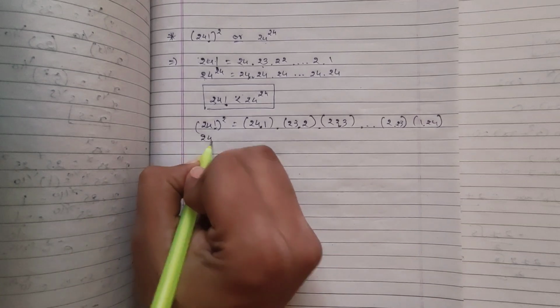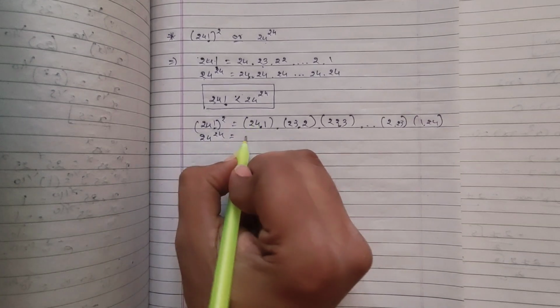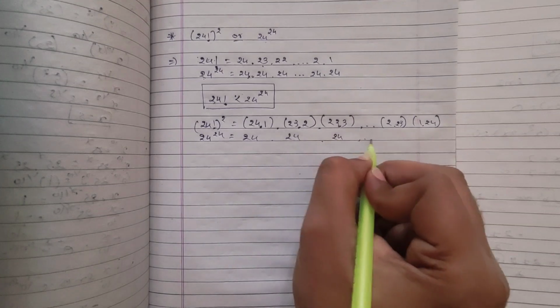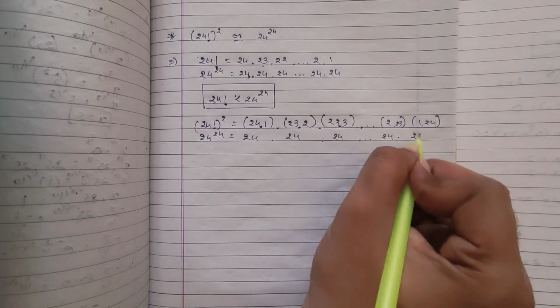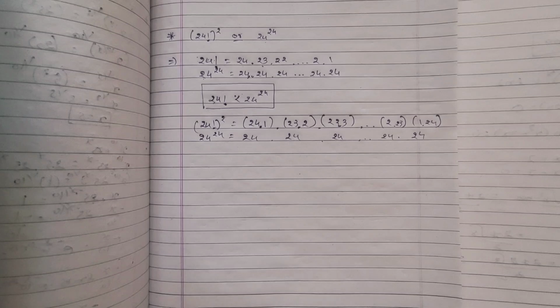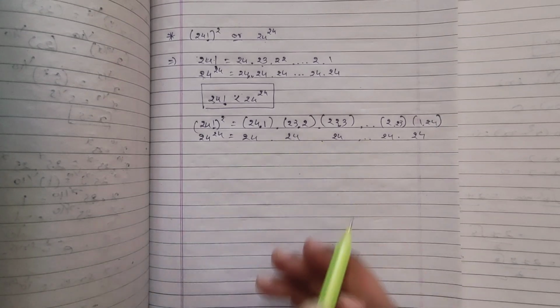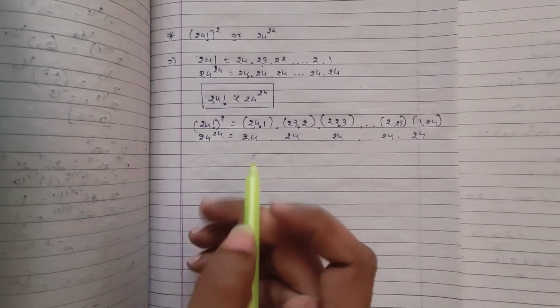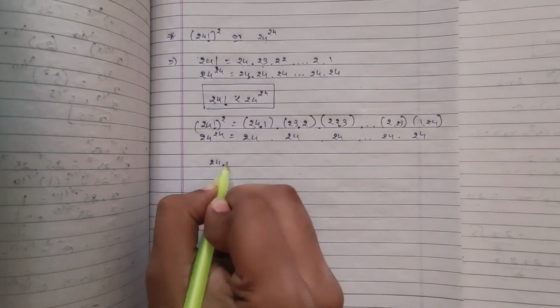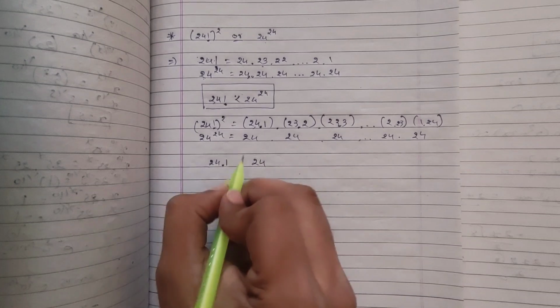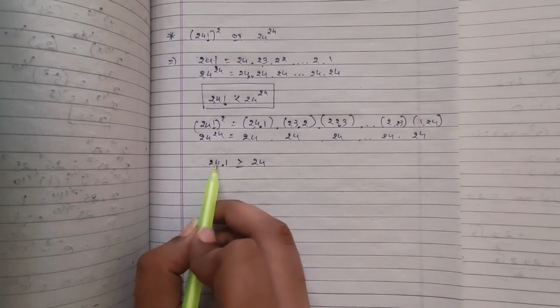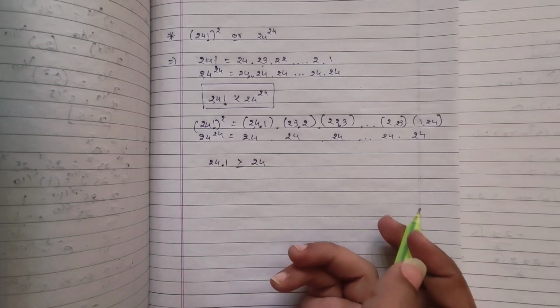Again I will write 24 raised to 24 as 24 into 24 into 24 up to 24 times, obviously, right? Agree? So now pay attention, we have to compare every number, right, and see which number is greater. So first of all, if I compare both of these numbers, 24 into 1 and 24, obviously I can write this as greater than or equal to 24, and if you pay attention, both are equal, right? 24 equal to 24.